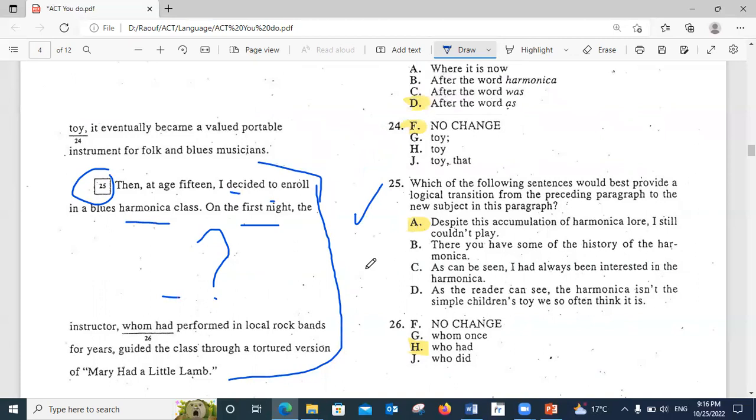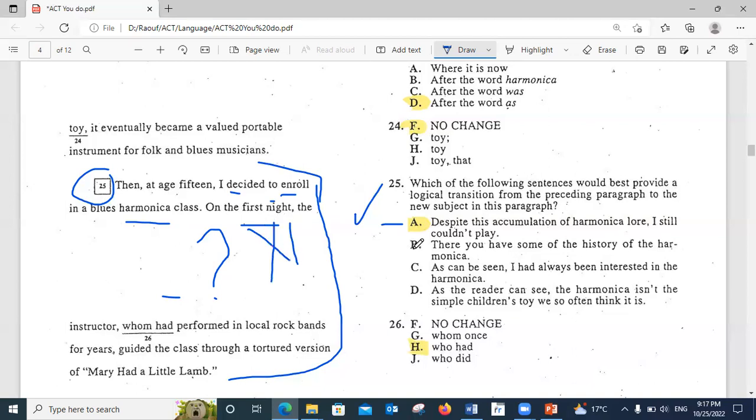Check A. Despite this accumulation of harmonica lore, I still couldn't play. Fine. It's possible, because couldn't play could be the reason why I enrolled in the class. I couldn't play. That's why I went to take classes to learn how to play. Let's check B. There you have some of the history of the harmonica. It has nothing to do with history.